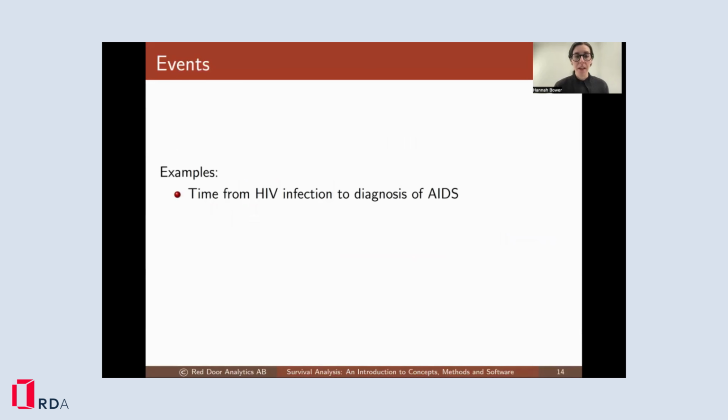So some examples of this could be time from HIV diagnosis to a diagnosis of AIDS, where we start our timescale at the HIV diagnosis or infection, and then we follow them across time until the diagnosis of AIDS, which is our event of interest. So that's our start and stop time. If we think about time from diagnosis of cancer until death due to cancer, we start following those individuals at the diagnosis of cancer.